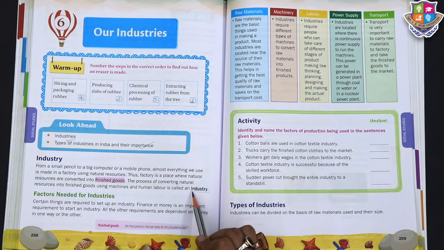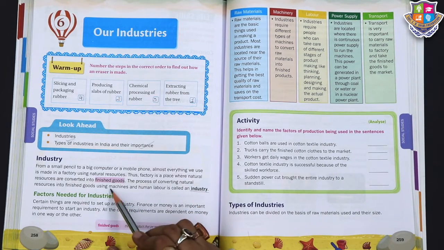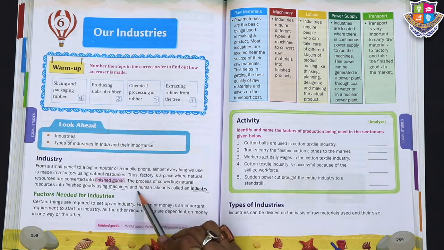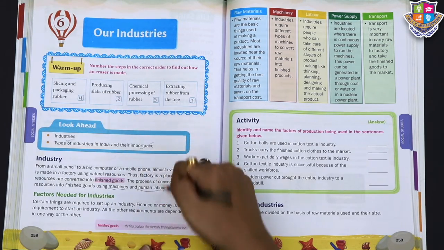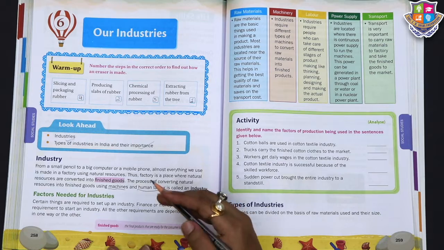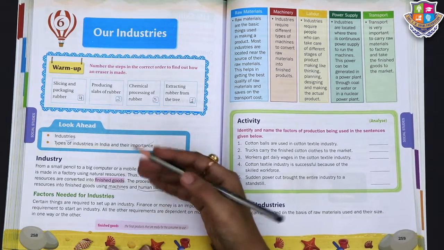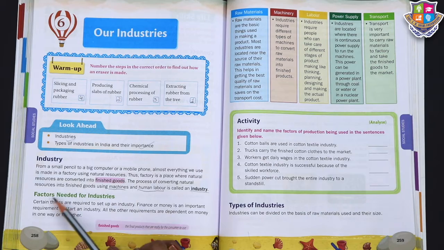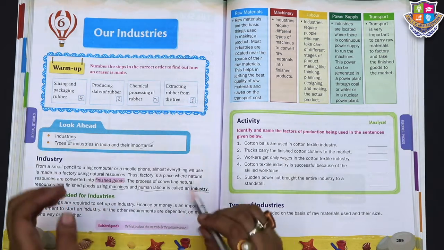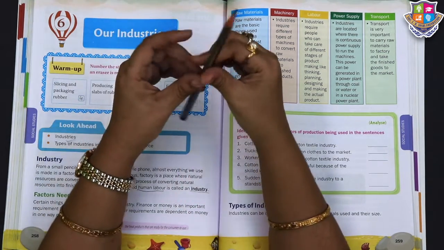So how does an industry run? It runs by the machine as well as the human labor. There are also people due to whose hard work we are getting the finished products. Now next, factors needed for industries. What are the factors? Means only one factor is not needed.